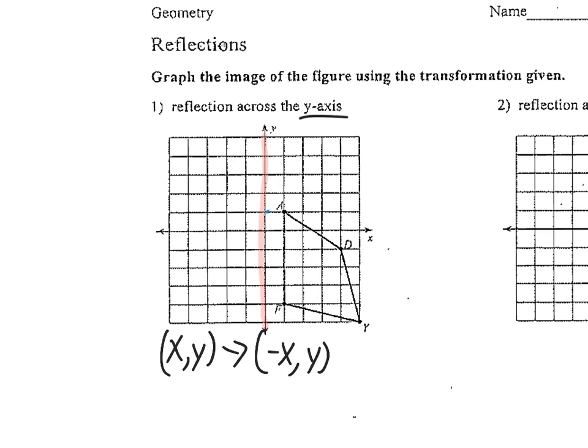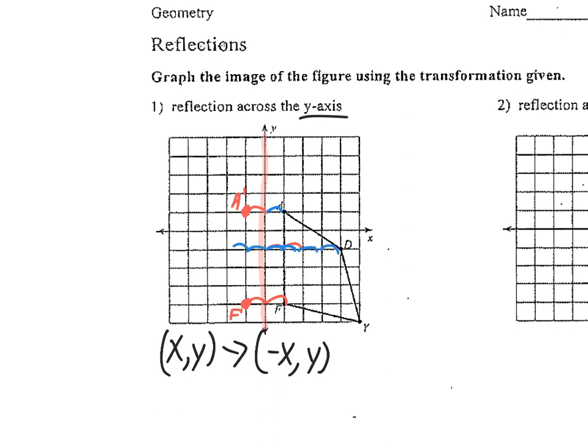So here, A is 1 away, so A prime will also be 1 away. I think that's an A. It's really hard to tell on mine. I can't really tell what these letters are, so I'm not even going to worry about that. To me, that kind of looks like an F, so I'm going to go with F right here, which doesn't really make any sense for that being an F, but whatever. And then D is 1, 2, 3, 4 away.